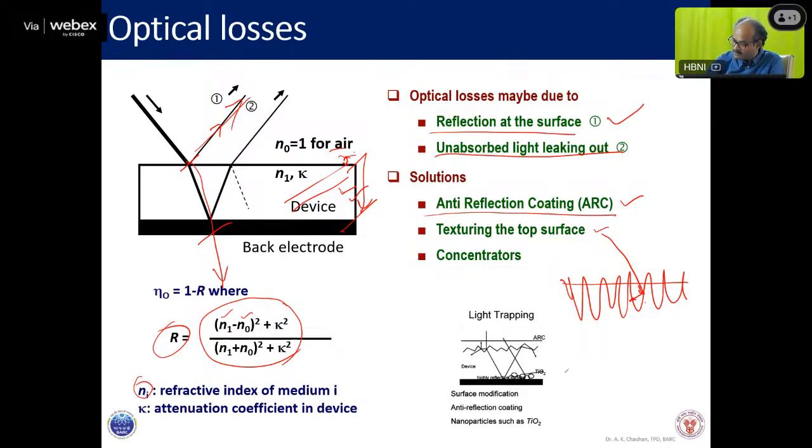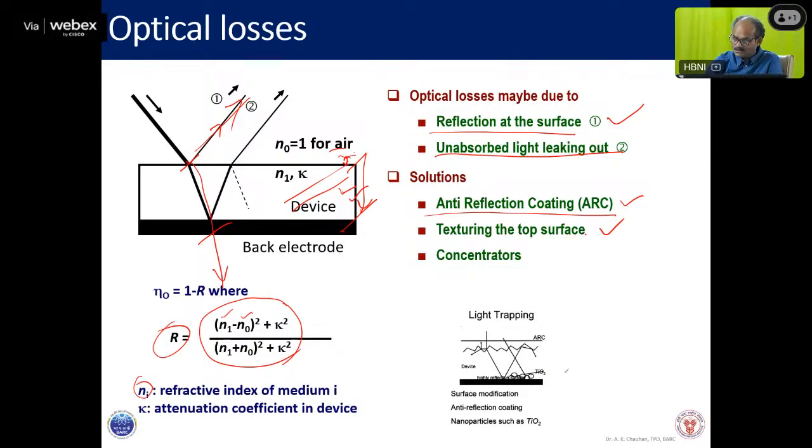So there is the same fraction of light which was absorbed, or transmitted here, that will again be transmitted here. So texturing this surface helps by increasing the area, and it is inclined also, so that helps in more absorption of the light.